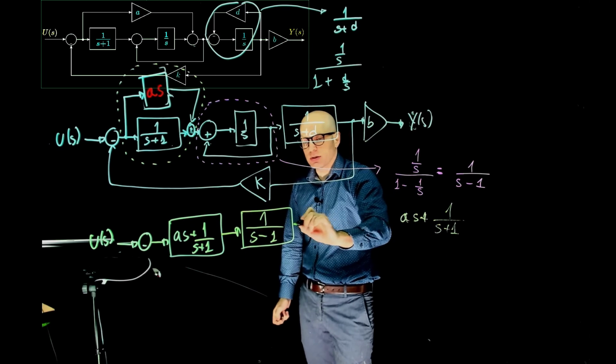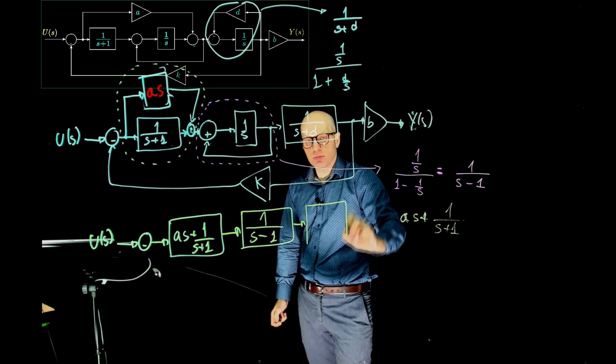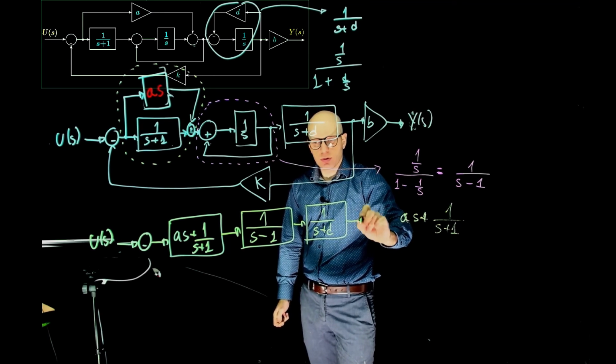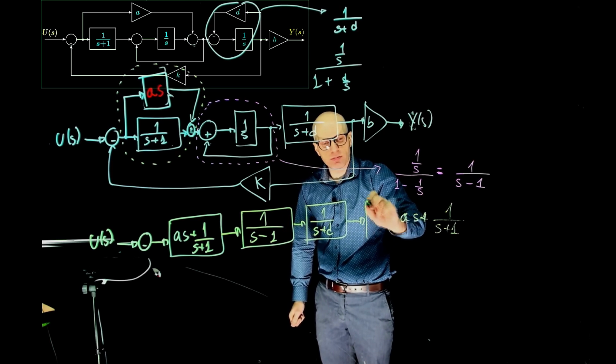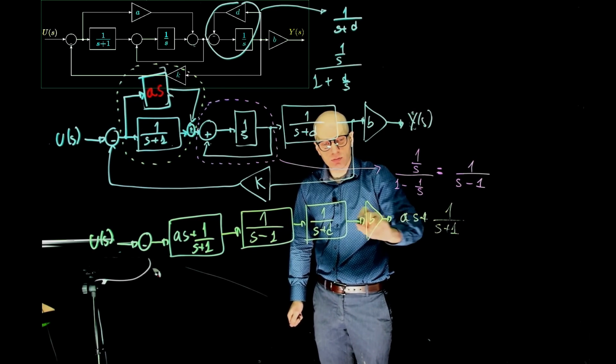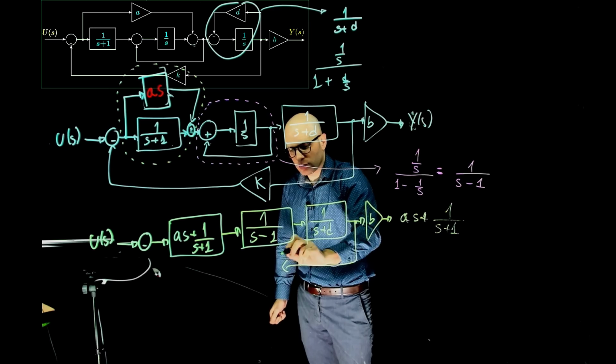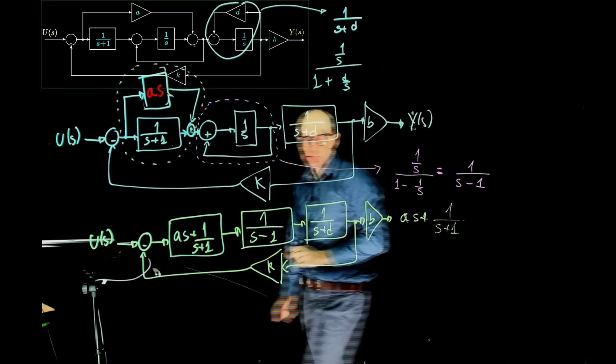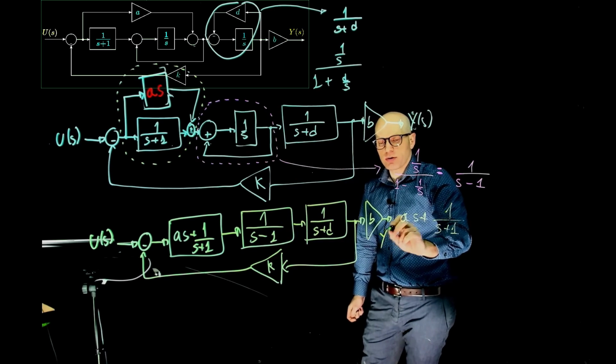Then this one doesn't change. 1 over s plus d times b, whole thing times k goes there, and this is y of s.